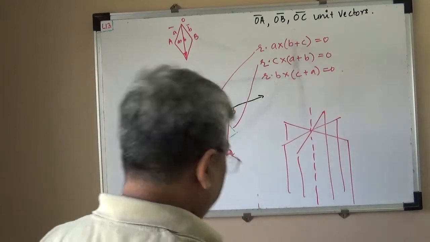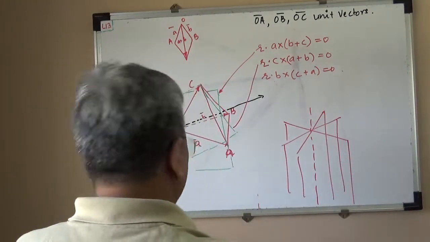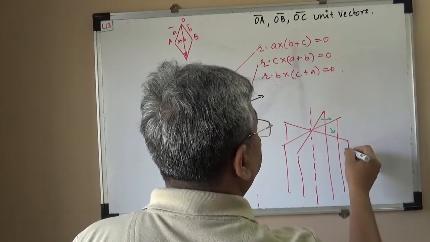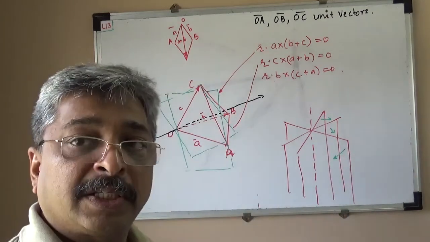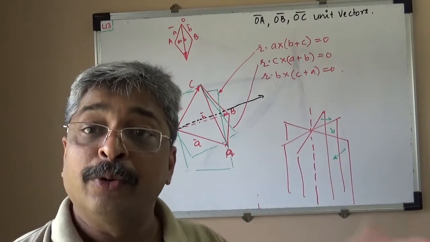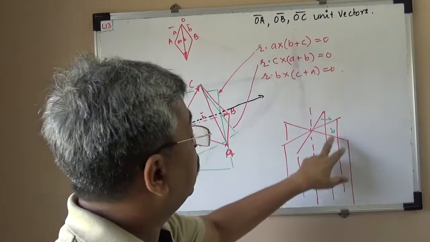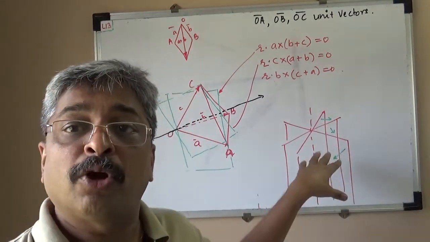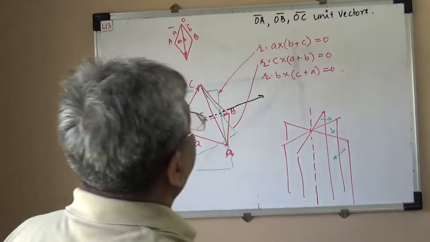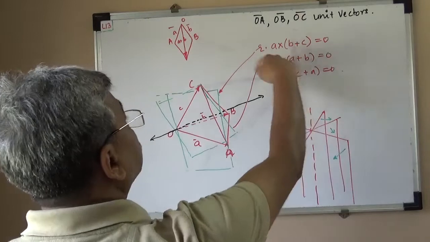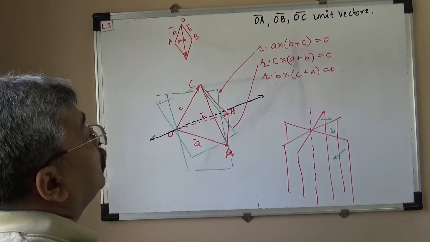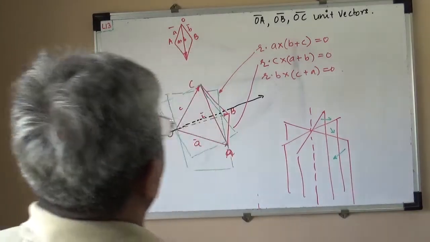Then what is important here is, if we draw perpendiculars to these planes, perpendicular to this plane, perpendicular to this plane, perpendicular to this plane, then perpendiculars drawn to all the planes which are coaxial are going to be coplanar. The vectors which are the normal vectors of all of them are going to be in the same plane. And therefore, if we can prove that the normal vectors of these three planes are coplanar, then they are coaxial planes, right?